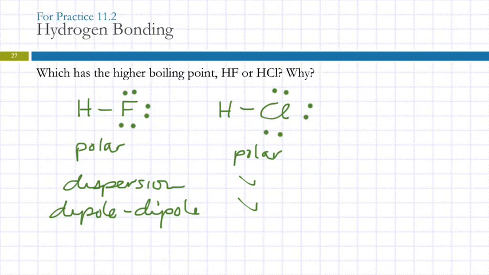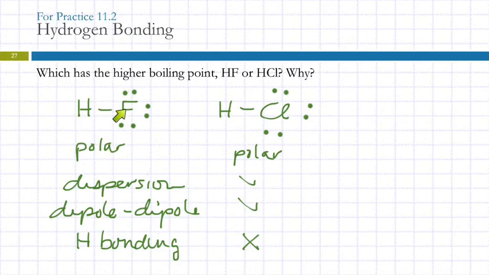What about hydrogen bonding? HF has hydrogen bonding. HCl does not. So this has hydrogen bonding, and this one does not. Dispersion forces are the weakest. Dipole-dipole forces are the next strongest. Hydrogen bonding is the strongest.